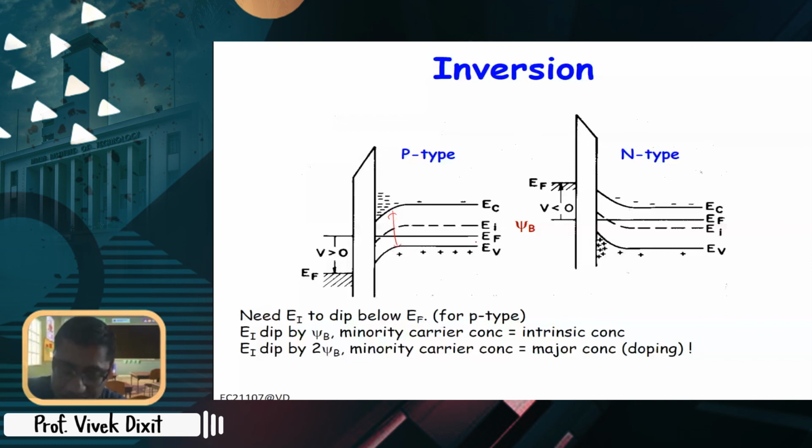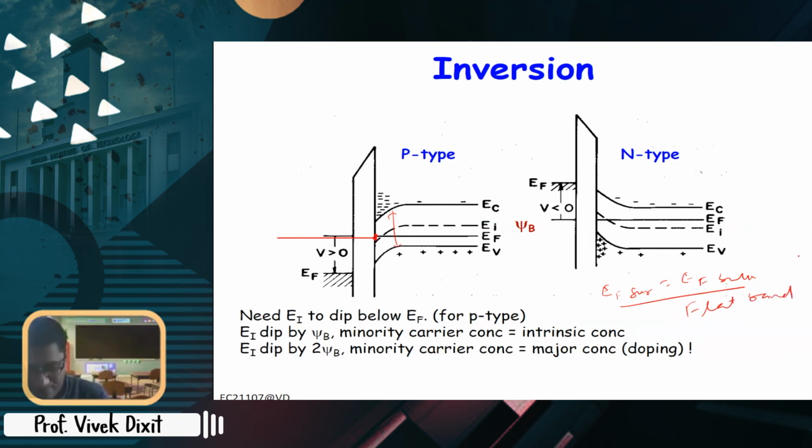What is changing is their relative position with respect to EF. So what we are concerned with is the surface. So at the surface, if your EF at surface is equal to EF at bulk, this condition is called flat band.